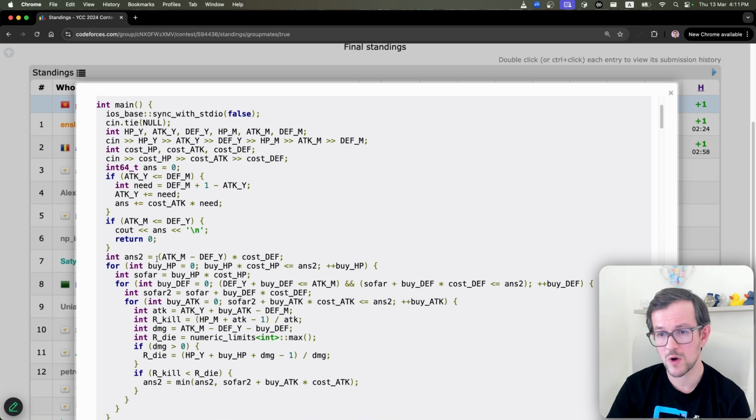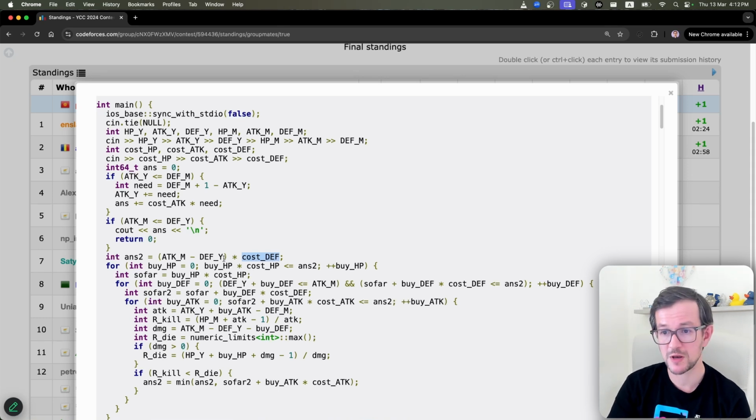So you know how much money you can spend. Okay, so if I'm buying enough defense points, I will have no damage. So instead of doing this, you can buy some HP points. It does make sense. You can buy either defense points or HP points. They kind of replaceable, yeah.